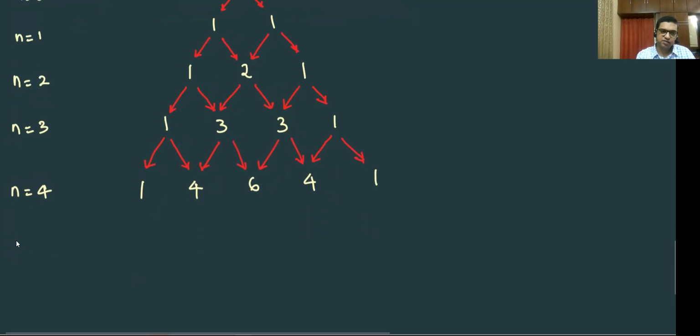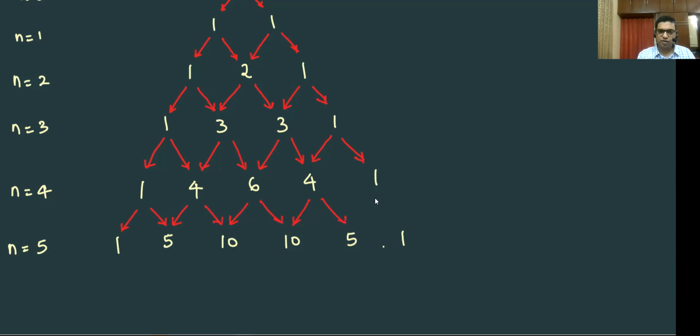Next one, n equal to 5. You get 1, 1 at the end, 1, 5, 4 plus 6, 10, 6 plus 4, 10, 4 plus 1, 5. So this is how a Pascal triangle works.